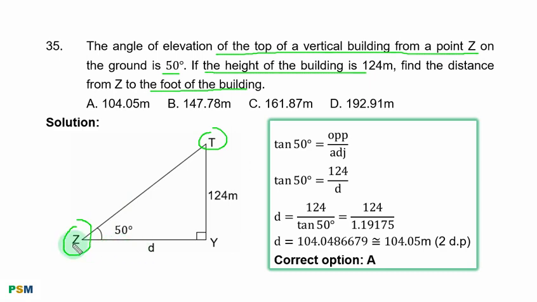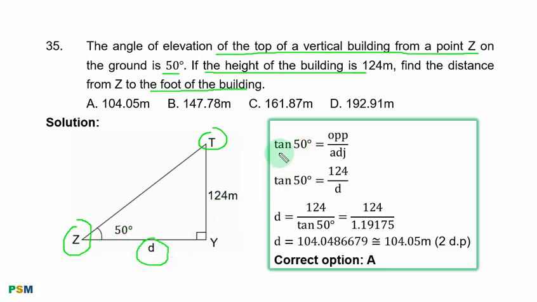Distance ZY is the distance from Z to the foot of the building, denoted by D. In right angle triangle TYZ, this is opposite, you have adjacent.